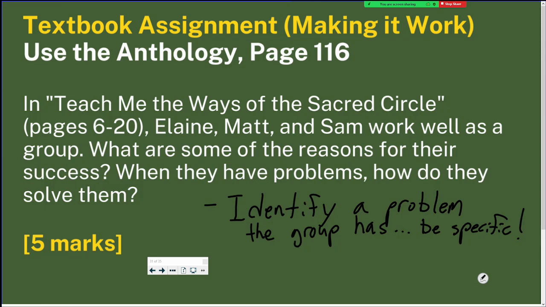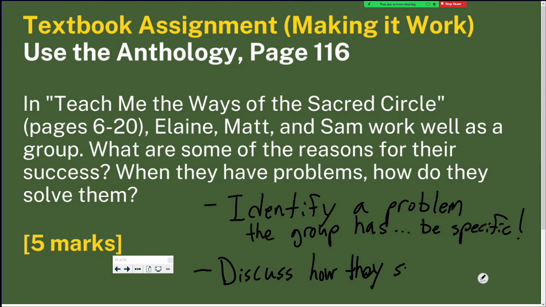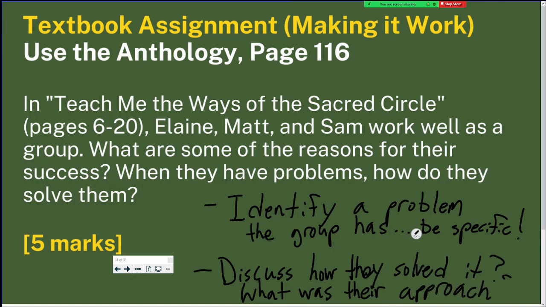So identify a problem the group has, and then be specific, and then discuss how they solved it. What was their approach? So if you can do that, that'll get you full marks for that assignment, right?